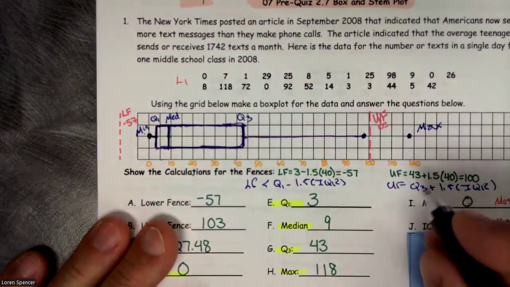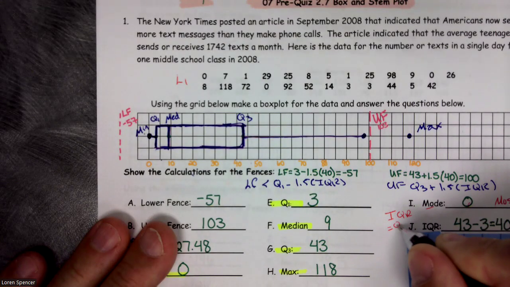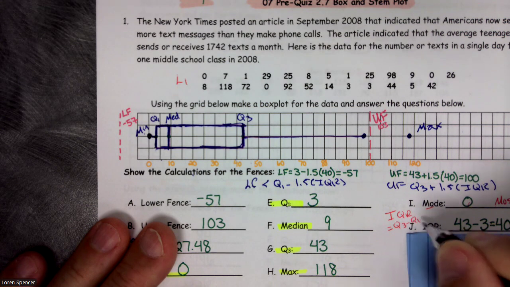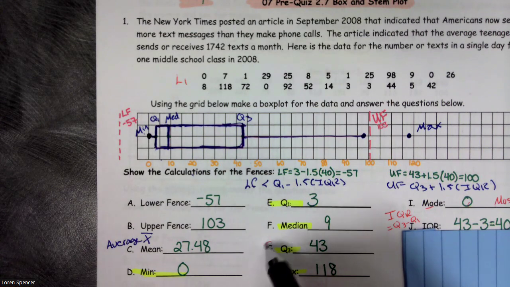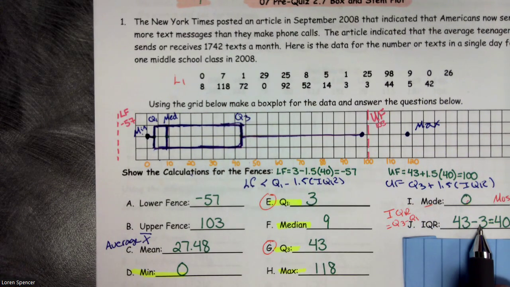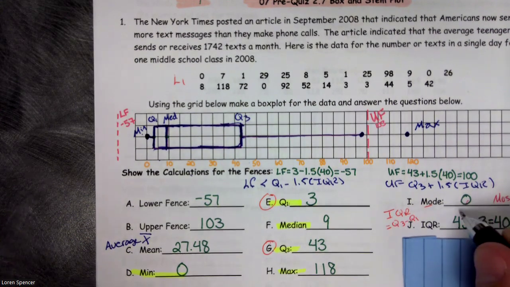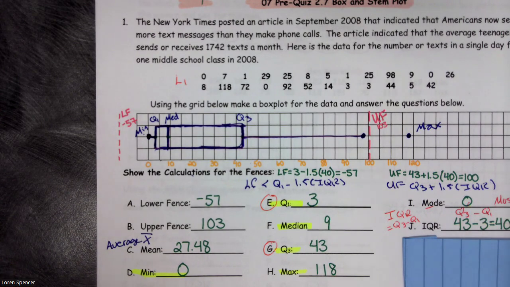We need to remember that IQR equals Q3 minus Q1. Q3 was 43, Q1 is 3, so 43 minus 3 is 40.